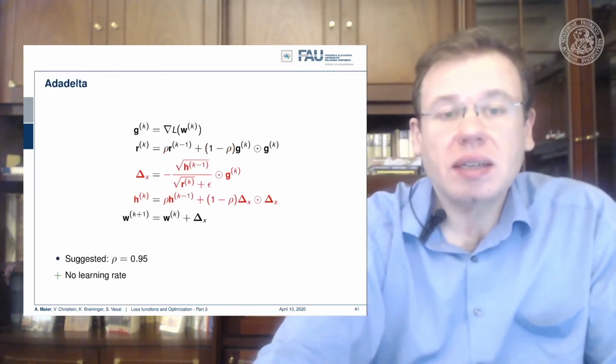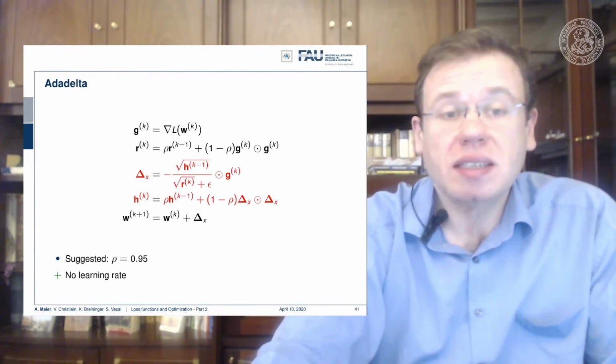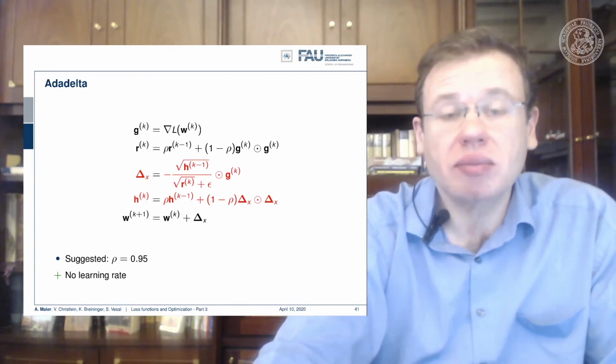Now AdaDelta tries to improve on this further, so they use essentially RMSprop for computing this r_k. So we have already seen this. This is the variances that are computed in a dampened way. And then in addition, they introduce this delta x. And now delta x is somehow a weighted combination of some term h and the r that we had seen previously, multiplied to the gradient direction.